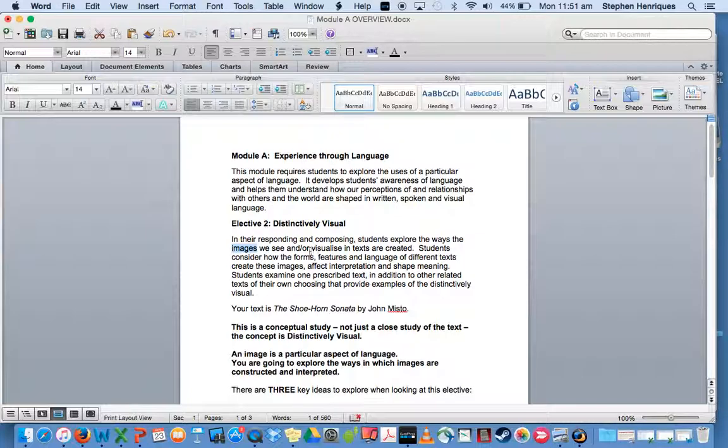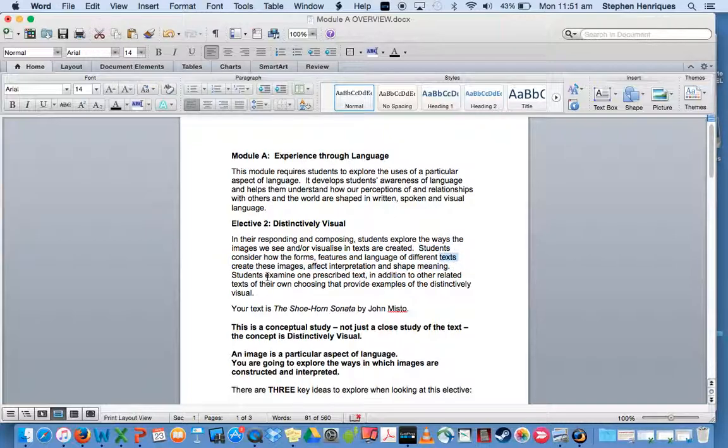We have to look at how through the written form of text, such as The Shoehorn Sonata, we have to be able to visualize what Misto is trying to portray to his audience in his play. Okay, so you must consider how the forms, features and language of different texts create these images, affect interpretation and shape meaning, which leads us on to the text aspect here.